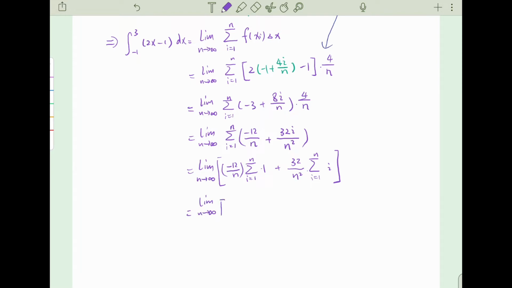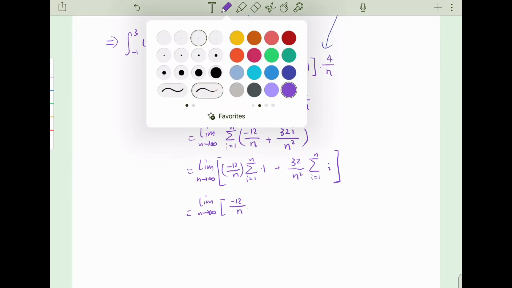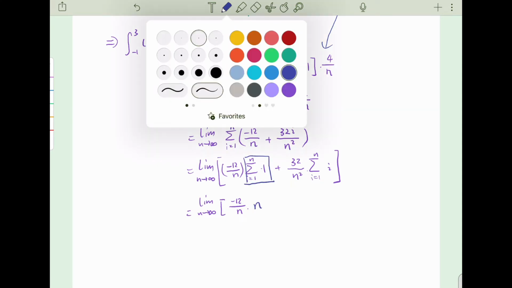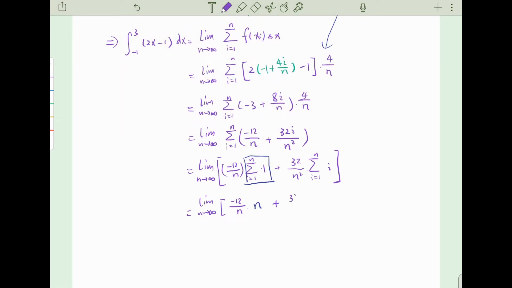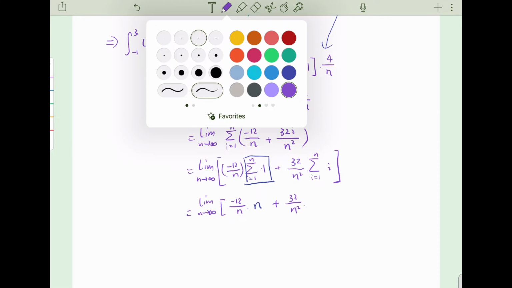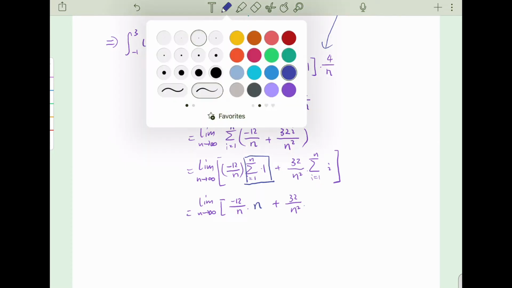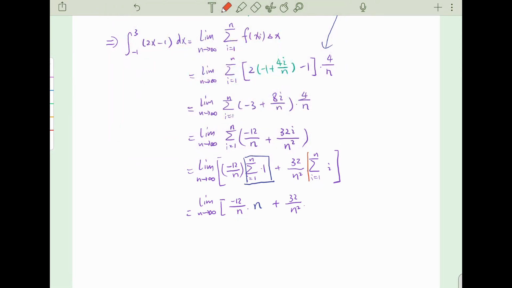So I have here negative 12 over n times n. That's the first summation. This is n. And for the second summation, that is going to be n times n plus 1 divided by 2.